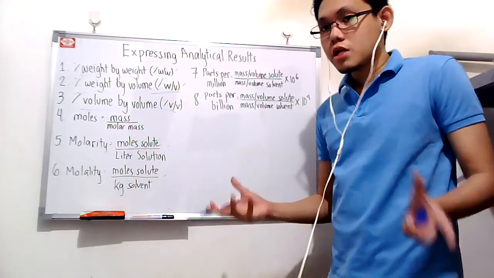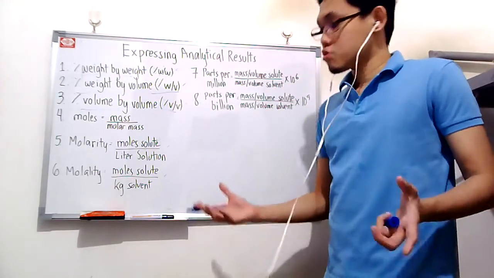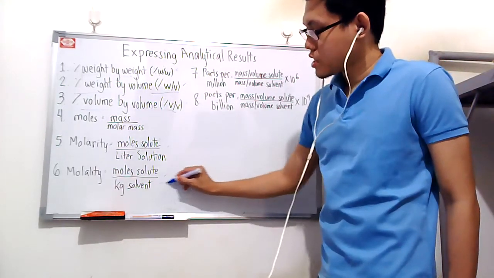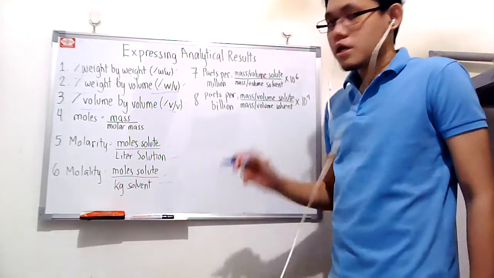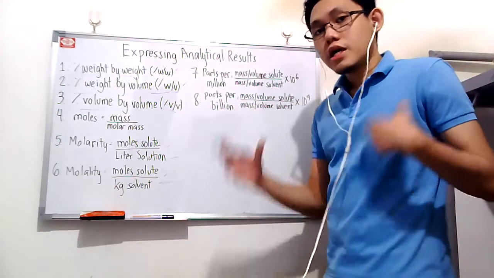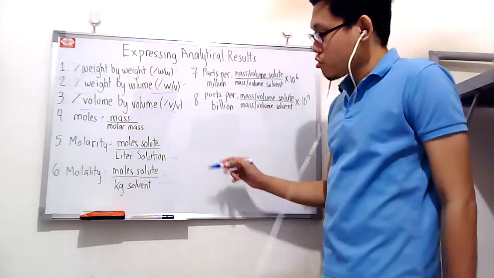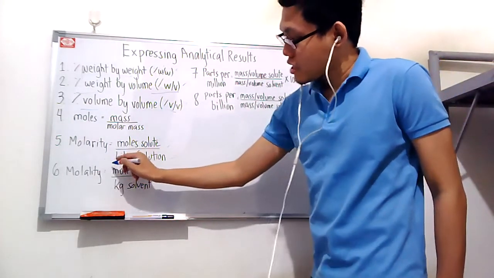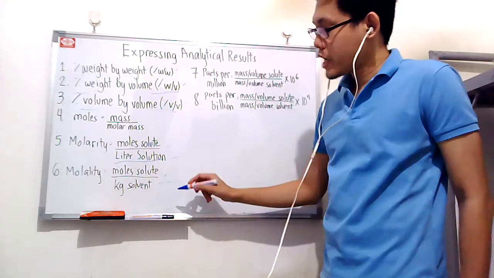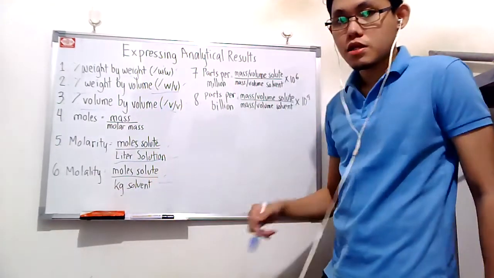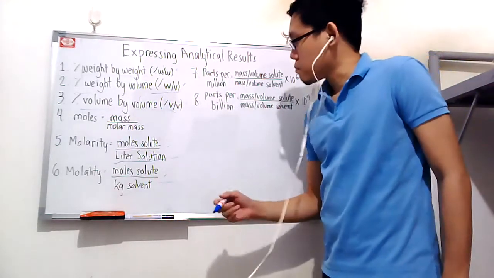It is important that you do not get confused with these two because the denominator is not the same. Molarity represents liter of solution, while molality represents only kilogram of solvent. So it's important to remember.